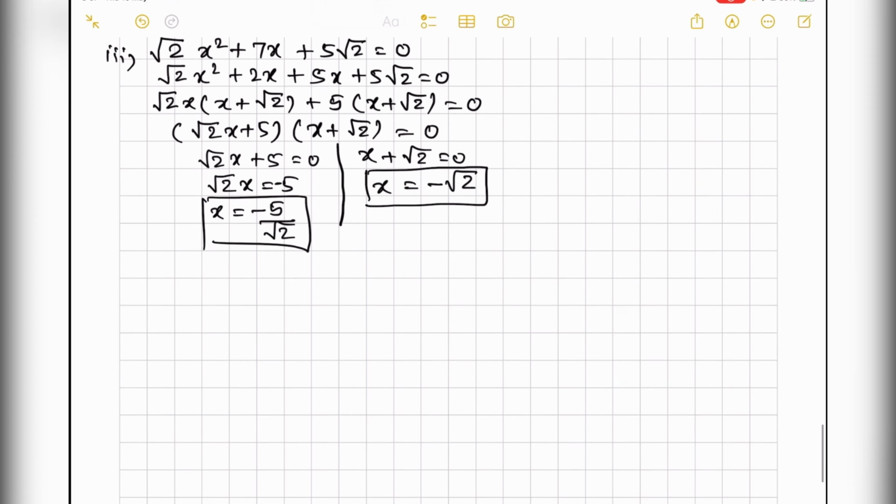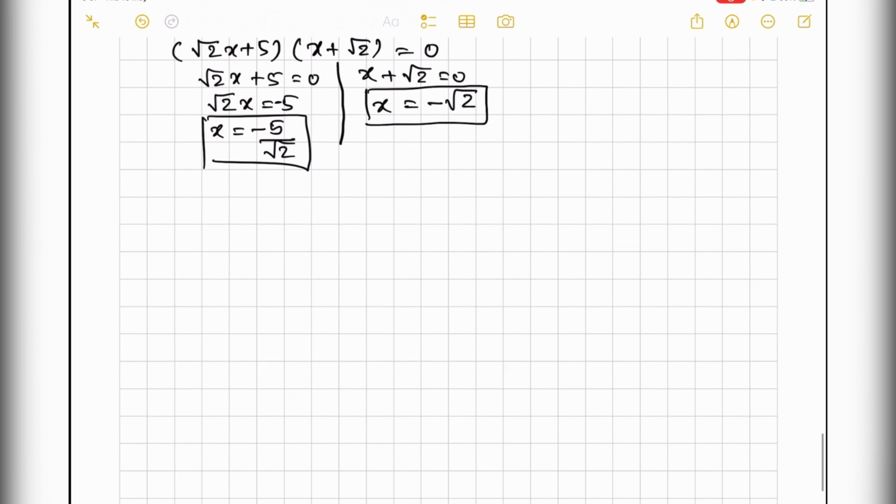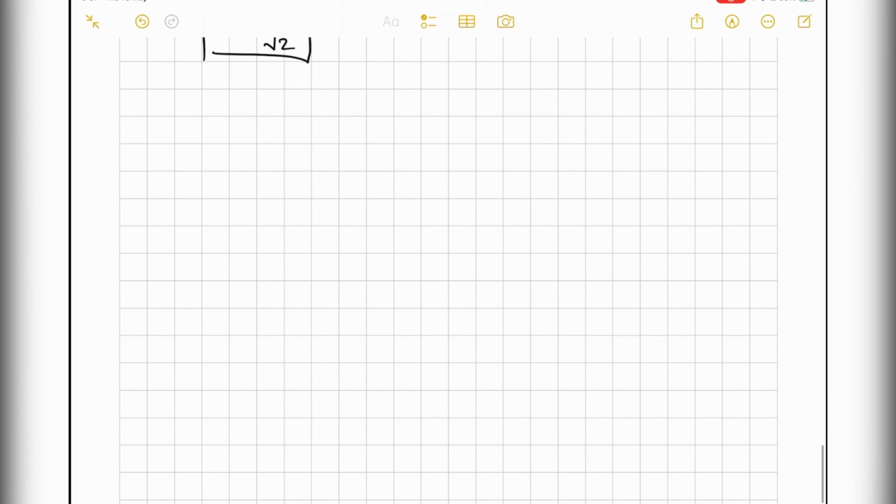Now coming to the fourth one. It says 2x square minus x plus 1 by 8 equal to 0. Now see, here one problem is there. If I multiply 2 and 1 by 8, I will get 1 by 4, and I want a factor of 1 by 4 where I get minus x.